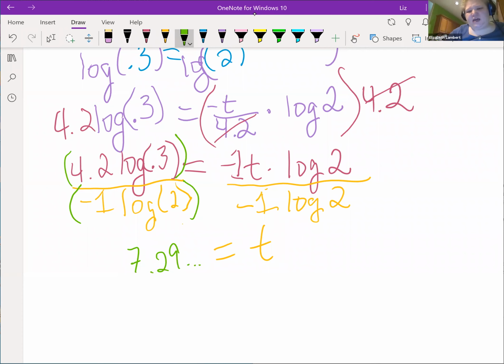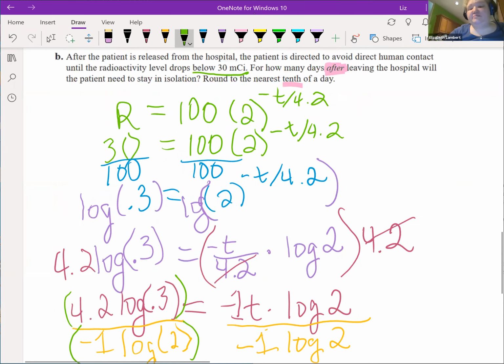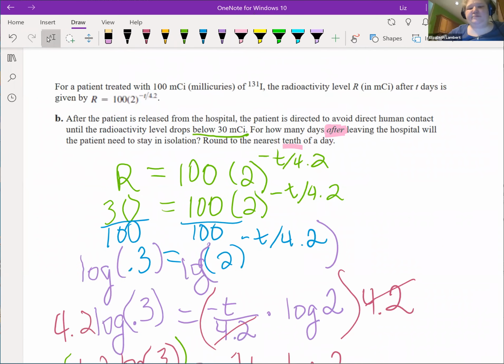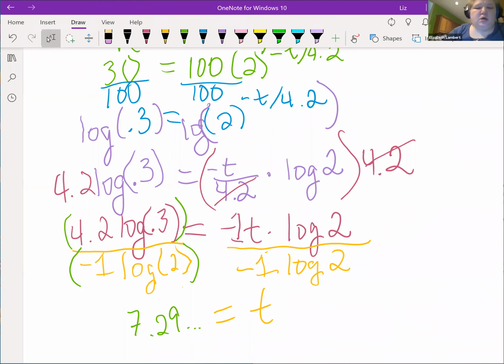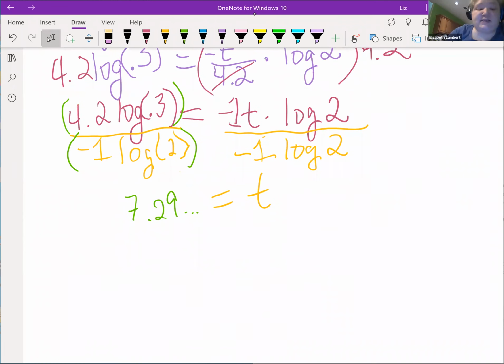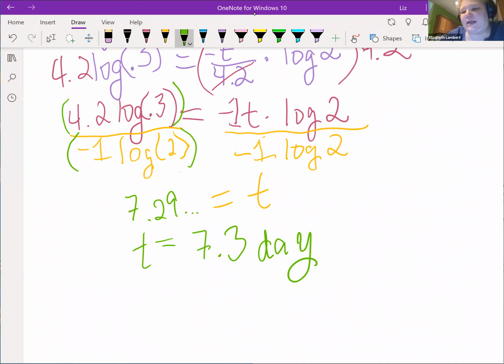And I stopped there because I was remembering it said 10th of a day. I was thinking years for a second. Normally half-lives are huge. So this is 7.3 days. She needs to stay isolated for a little over, well, but remember, they said after.